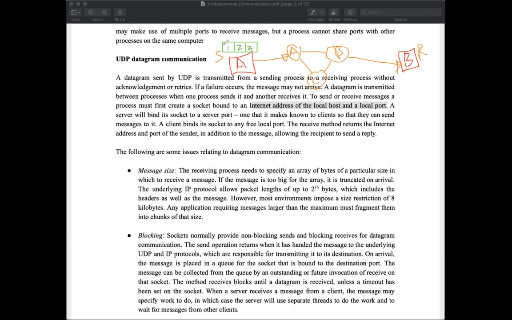Let us say that we are going to pass datagrams 1, 2, and 3 from A to B. A is the sender and B is the receiver, and we have an infrastructure like a routing configuration with A, B, C.